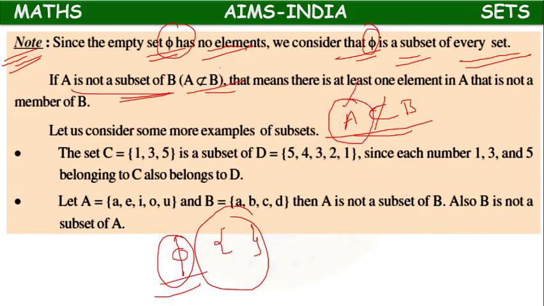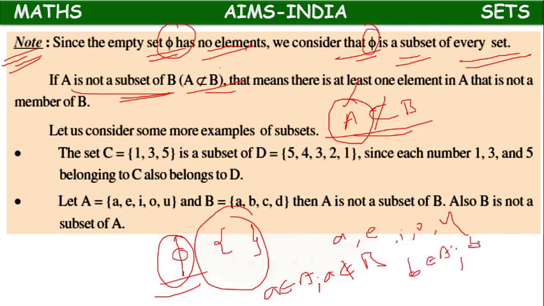If out of all the elements of A, at least one element does not belong to B. Suppose we have A, E, I, O, U, and A belongs to A but does not belong to B. All elements are present in A, but one element is not present in B. If an element does not belong to B, then we can tell that A is not a subset of B.